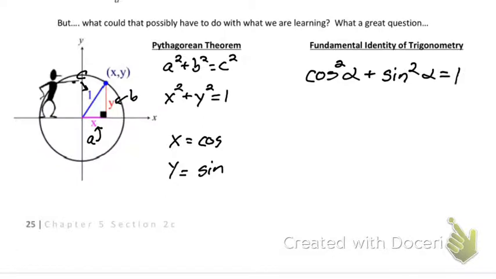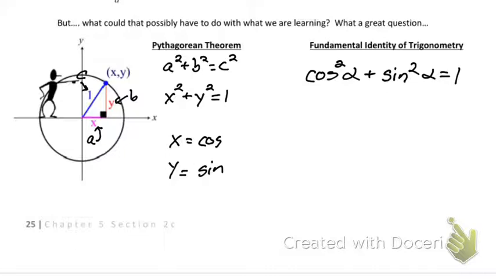Alpha just means angle. This could be 30 degrees. It could be 45 degrees. It is just holding a place for something. How do you draw it? It looks like a fish. If you want to just put x there, I'm okay with that. You could put cosine squared of x if you can't draw alpha.